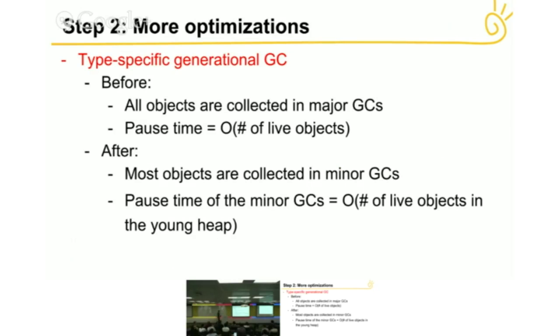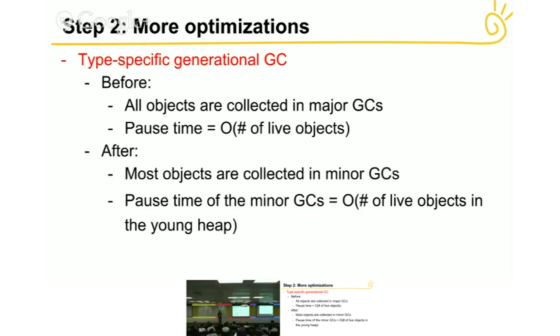Step two is more optimizations. There is a lot of room for Oilpan to become even faster. One idea is to implement type-specific generational garbage collection. Currently, Oilpan is a very straightforward mark and sweep GC, so all objects are collected in major garbage collections, and the pause time is order of the number of live objects.